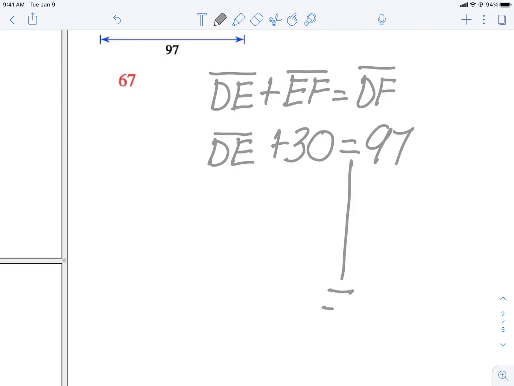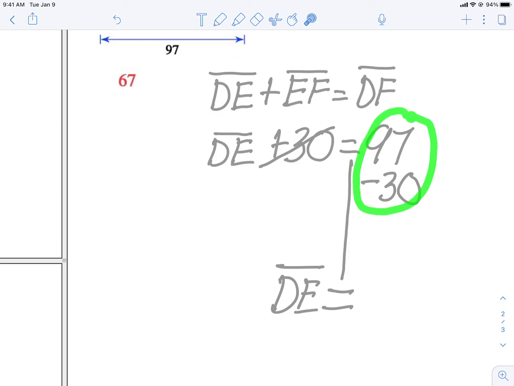So I'm going to draw my line of separation. I'm going to draw my equal sign on the bottom. I know I'm solving for DE because that was my question mark. So I'm going to say DE like that. That means I've got to bring this 30 over to this side, and when it comes over, it becomes a minus 30. So 97 minus 30 is 67.